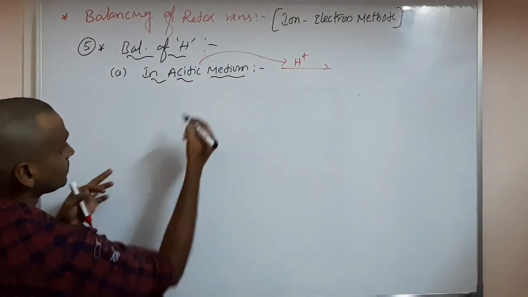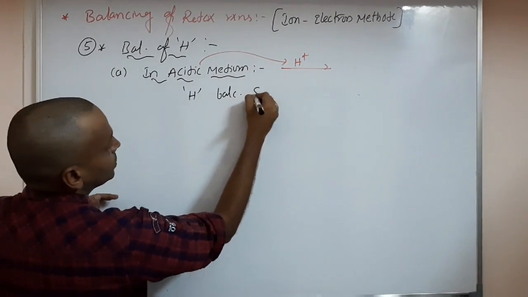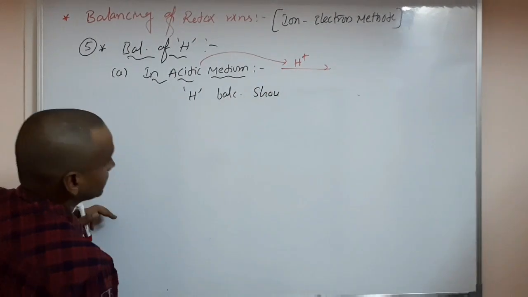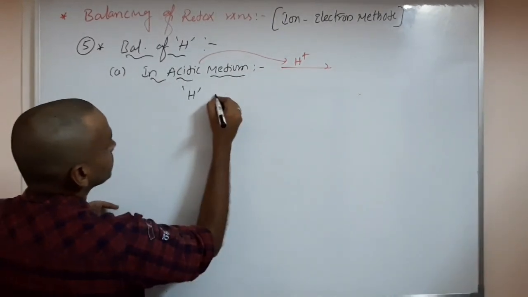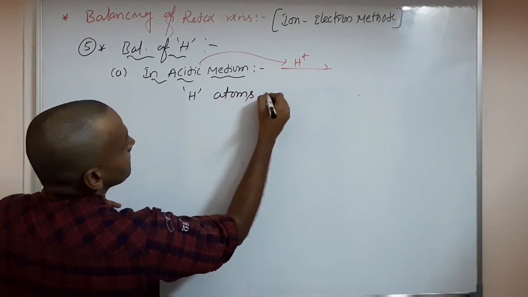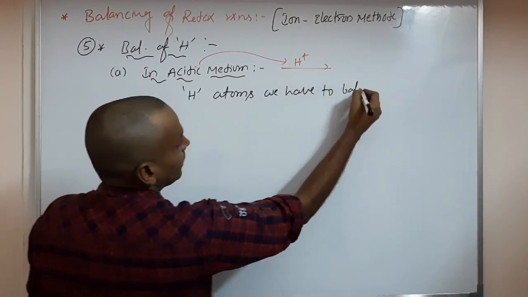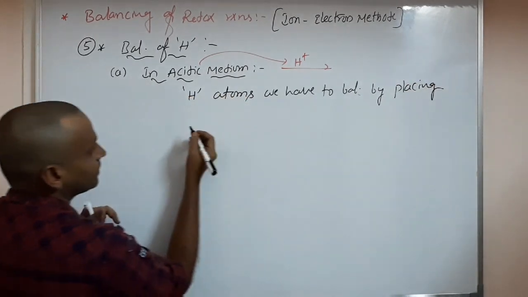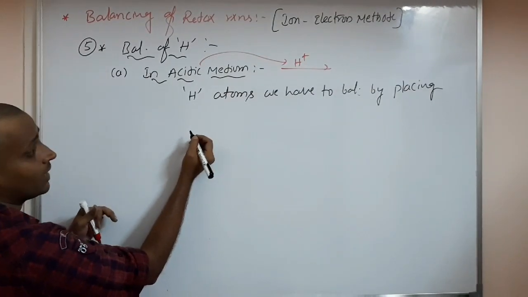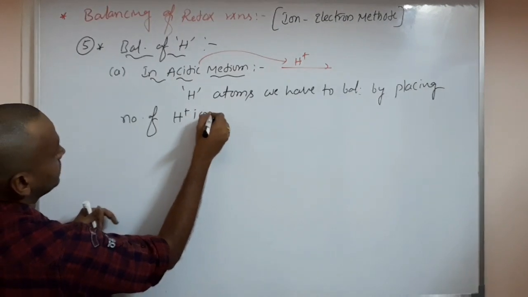So how to balance hydrogen in acidic medium is very simple. Hydrogen atoms we have to balance by placing the number of H plus ions.